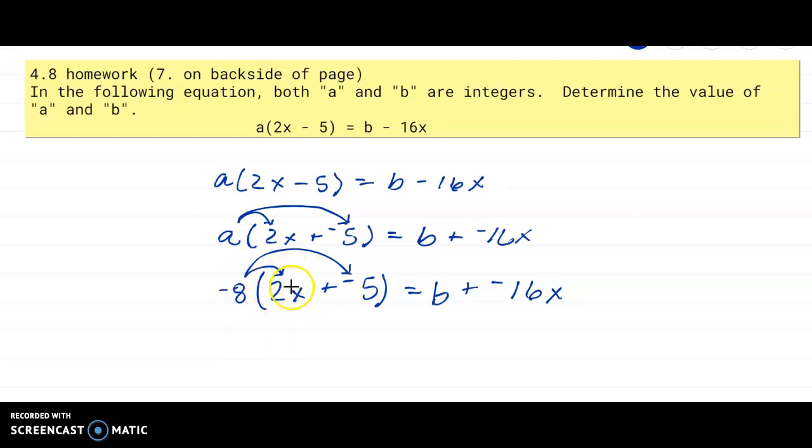Negative 8 times positive 2x equals negative 16x. Plus, bringing my addition sign down, negative 8 times negative 5 is 40. So that tells me, I'll write it over here, a equals negative 8, and if a is negative 8, then b had to equal 40.